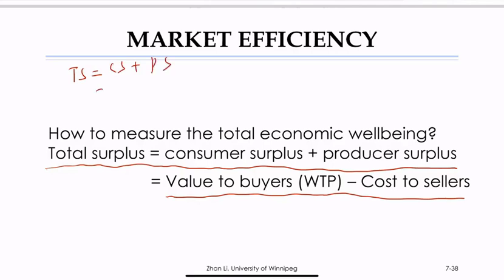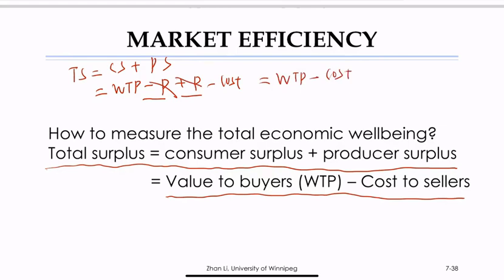We also know that consumer surplus is defined as willingness to pay minus price, and producer surplus is defined by price minus cost. So you can see that this minus P and this plus P just offset each other, so they will be canceled out. In this case, it's just willingness to pay minus cost, right?